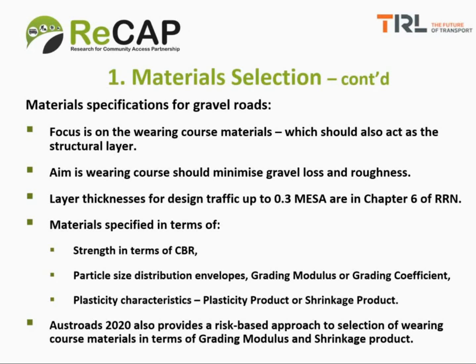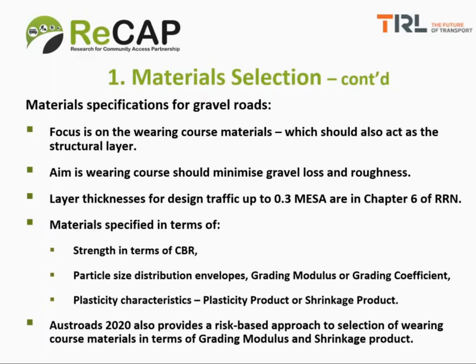And these are in terms of strength measured as CBRs, particle size distribution envelopes, grading modulus or grading coefficient. Plasticity is specified in terms of plasticity product or shrinkage product.